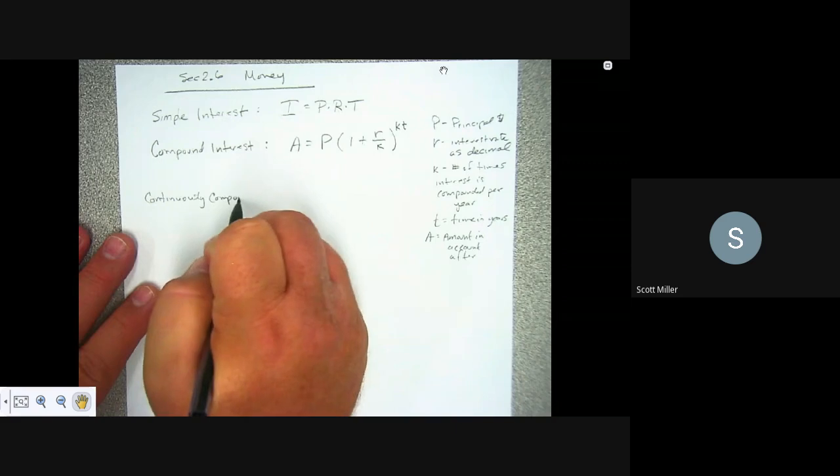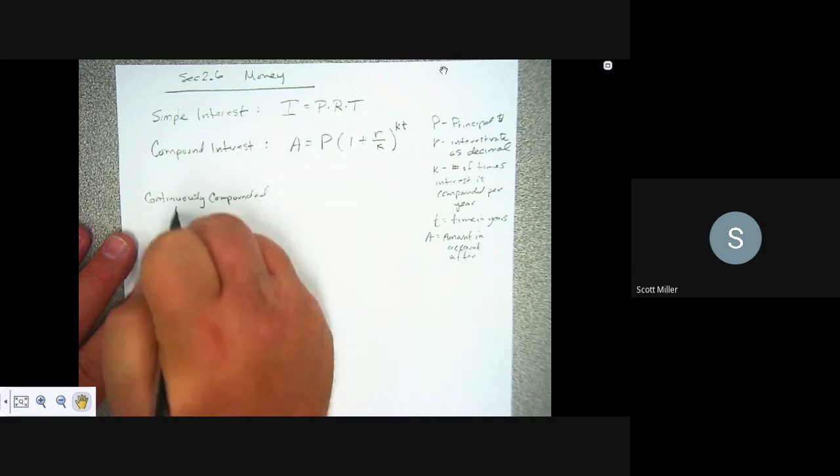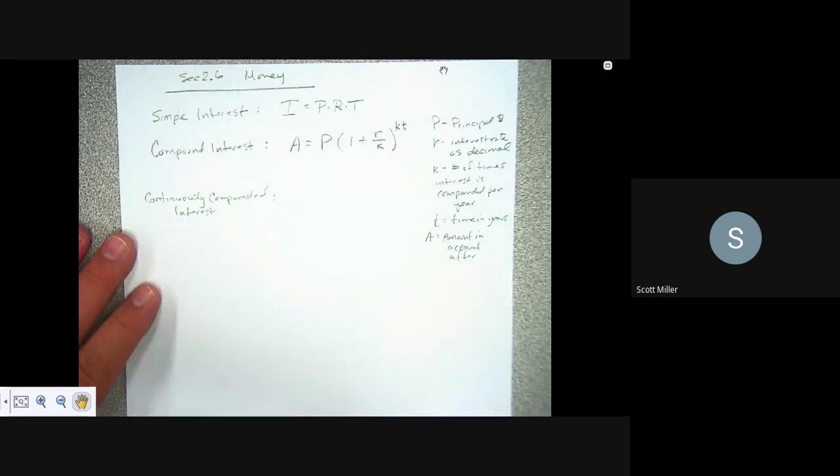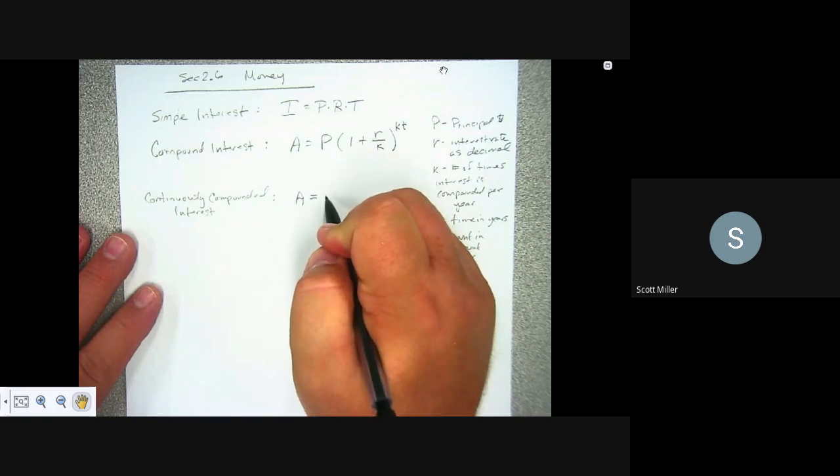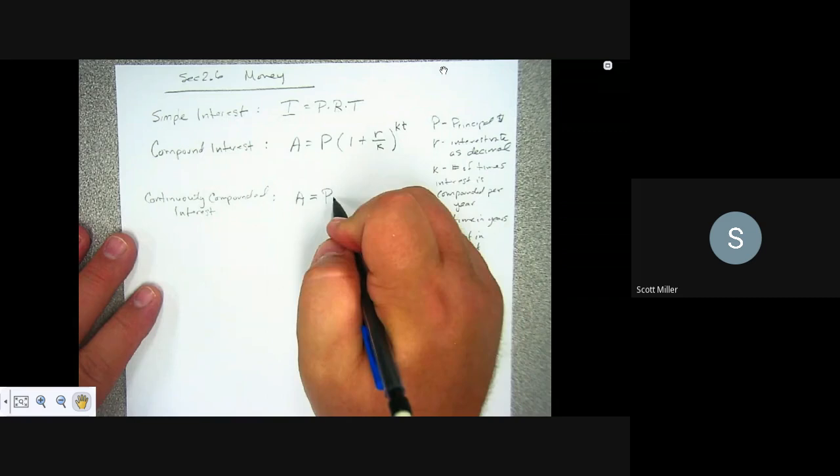compounded interest. And continuously compounded interest means that they're constantly calculating the interest every fraction of a second, like constantly. And this formula then turns into this formula.